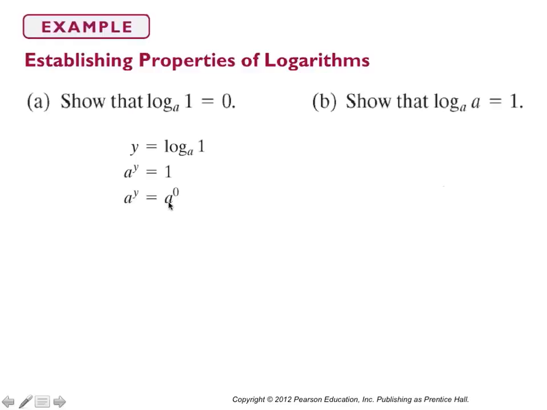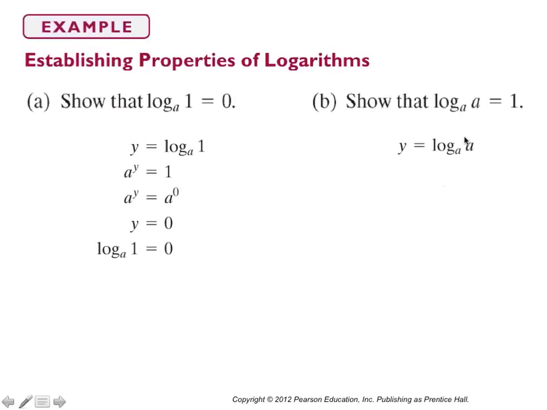Now that we have the same bases, we can just set the exponents equal to each other and basically ignore our bases. So we just get y equals 0, which was exactly what we had as our actual rule. It's not important that you are able to exactly replicate this, but it's important that you understand how it's done.